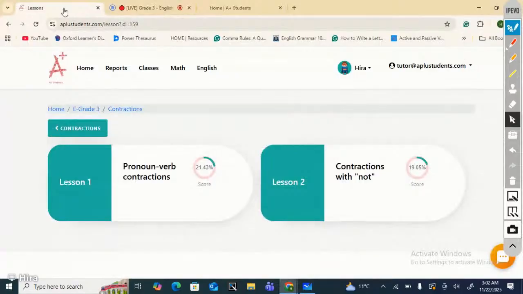The chapter name is Contractions, and lesson number 1 is Pronoun Verb Contractions.